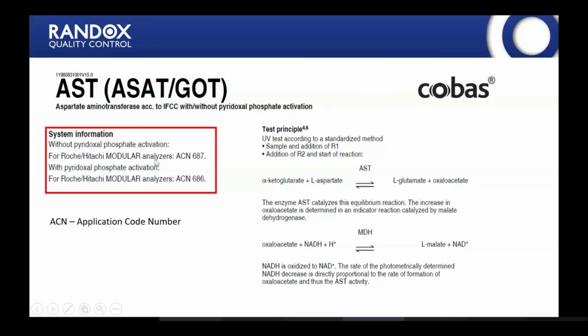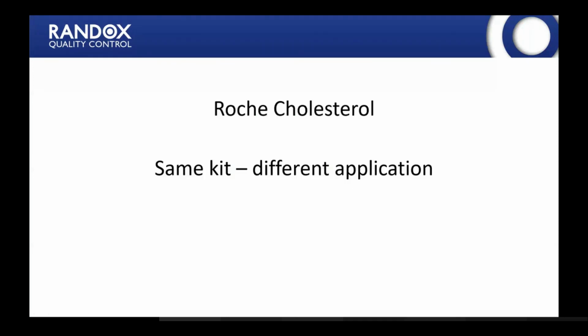The kit itself is the same, but how you use it is different, and there are different ACN numbers depending on whether you use it with or without pyridoxal 5-phosphate. The ACN, for those who don't know, is your application code number. Same kit, different application, which is very often the case.